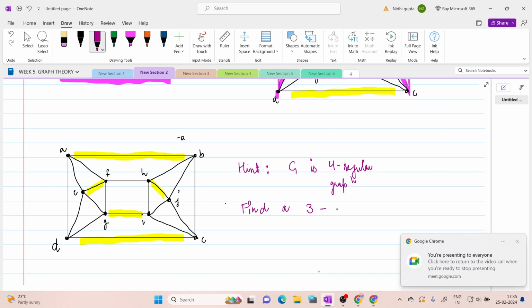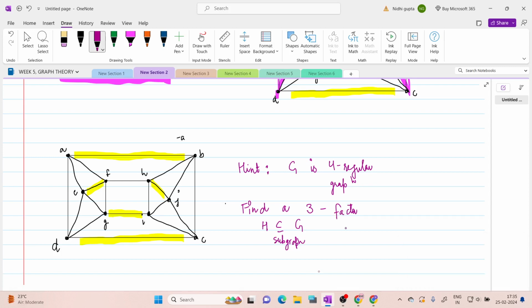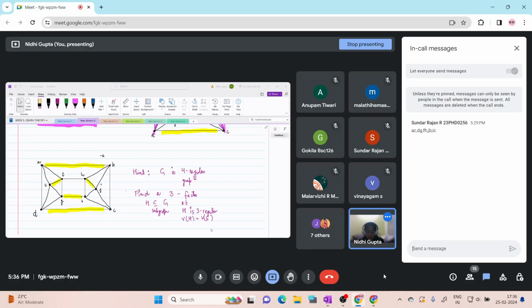That is, H is a subgraph of G such that H is 3 regular and the vertices of H are the same as the vertices of G. Does everyone understand the meaning of a three regular graph, or basically a three factor? So what do you think? Will this graph have a three factor?